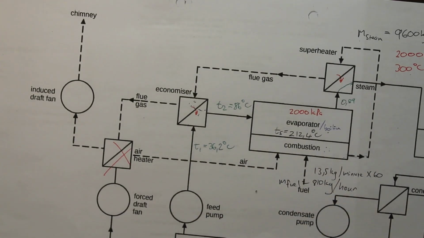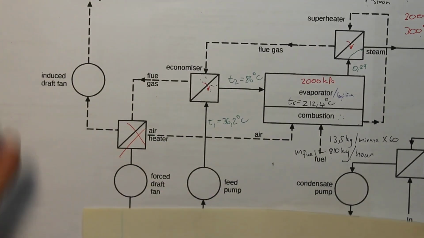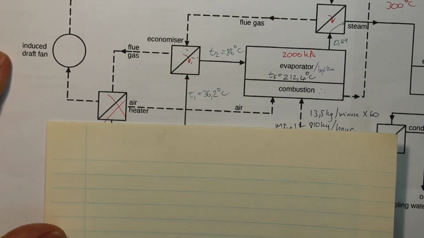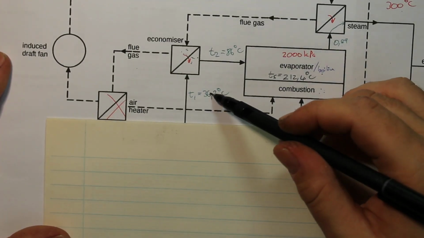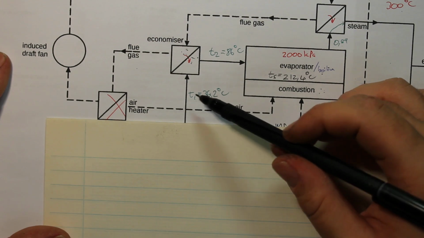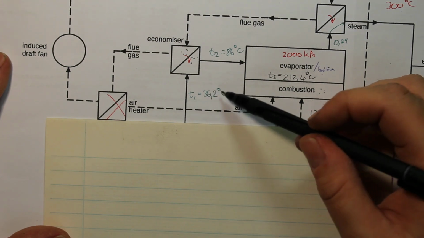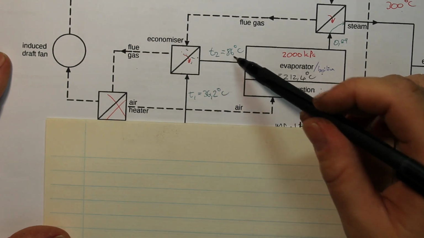Okay, let me just get something here to write on. So first of all, they tell us, you can see here, the temperature is increasing through the economizer from 36.2 degrees to 86.